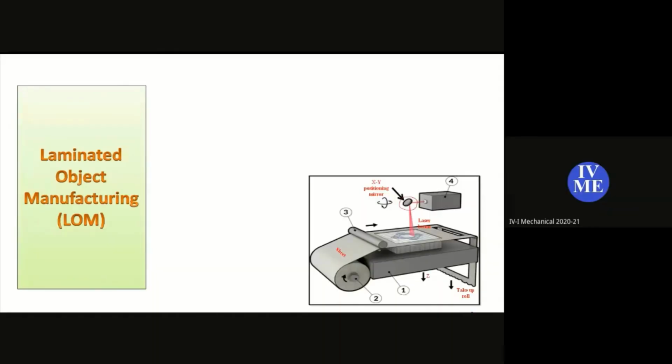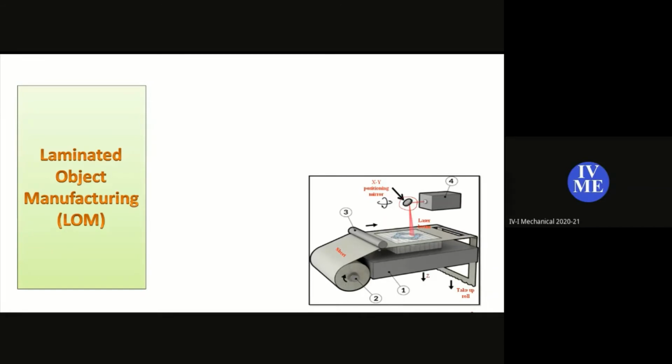It gives the XY position on the sheet material. The laser comes out from the laser unit and strikes directly on the mirror, and then this mirror gives the XY dimensions on the sheet material.